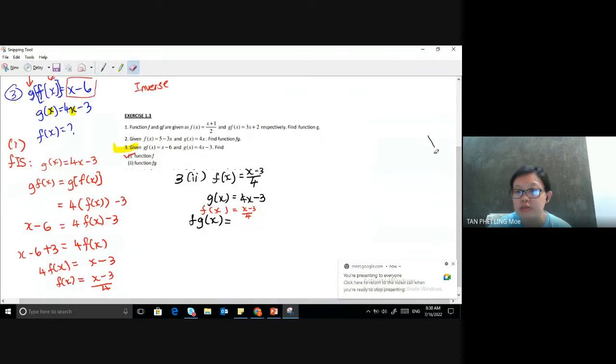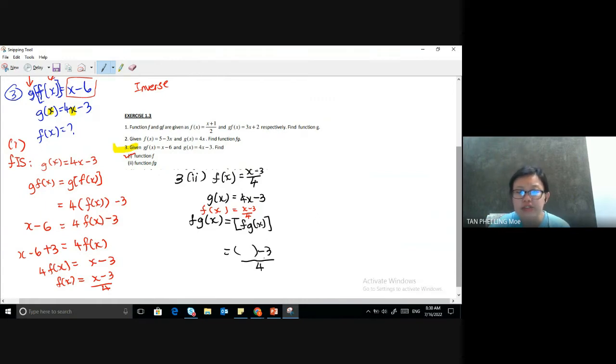Now we continue. I always want you to have this habit. Remember that for f(g(x)), always write here first that you have f and then g(x). Again, a reflection. If you have f(g(x)), the x in (x minus 3) over 4, the whole x, no more, becomes the g(x). So what is your g(x) here?